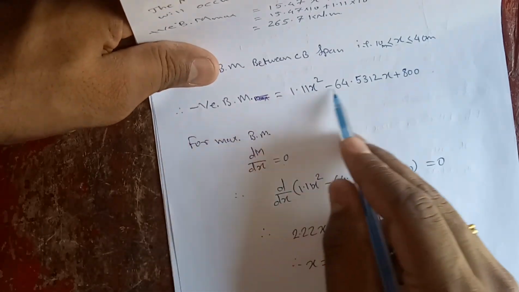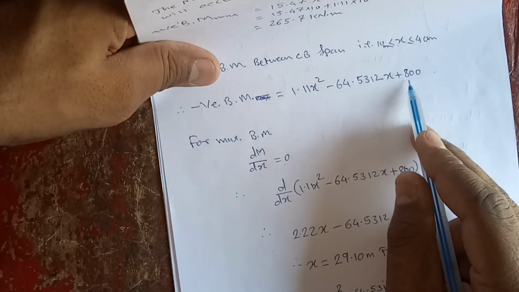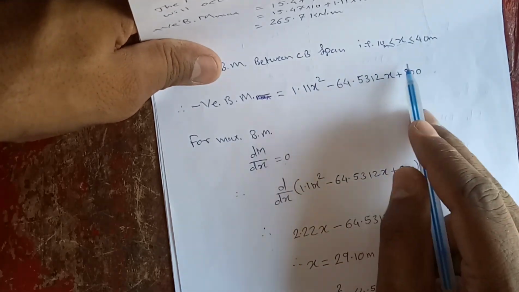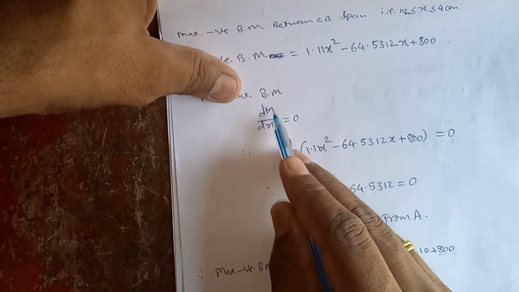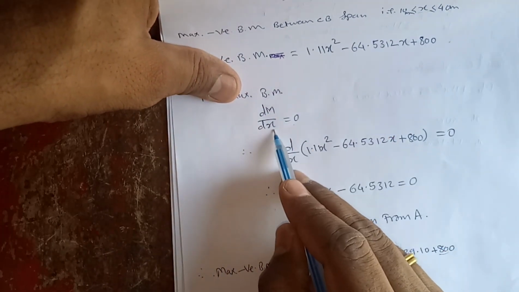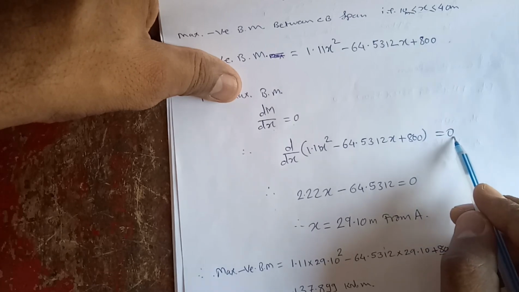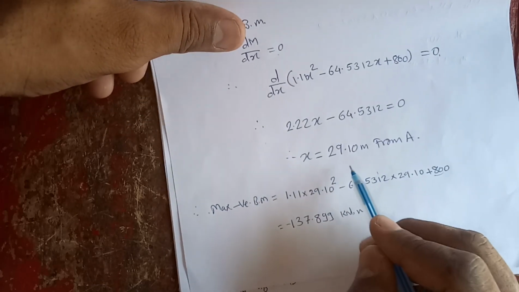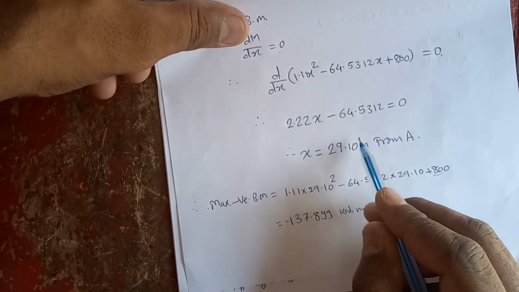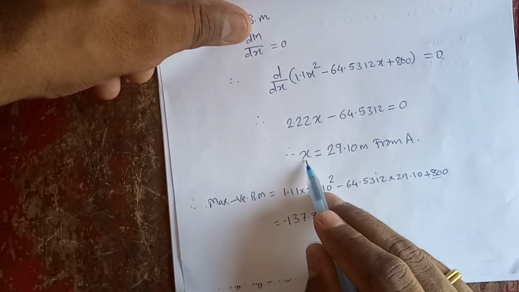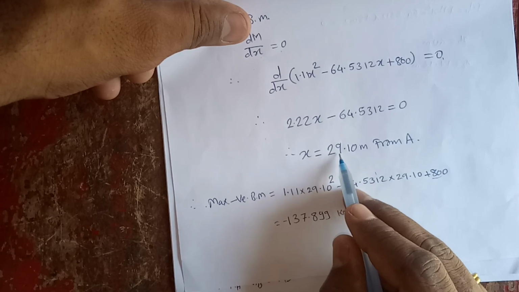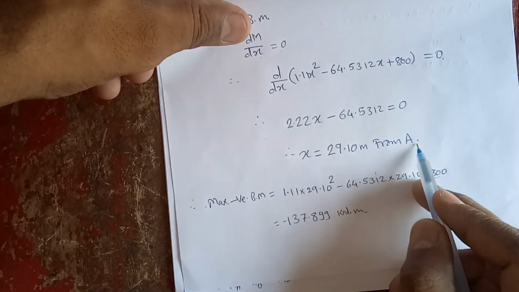So this is the equation of the bending moment between 10 to 40 meter distance that we already discussed. Now if you differentiate this equation with respect to x and equate it to 0, we'll get the answer where this bending moment is maximum. So this will be the maximum negative bending moment. Here x comes out to be 29.10 meter from A support.